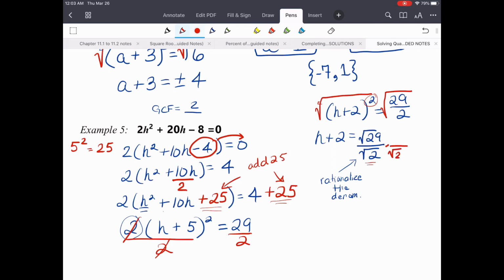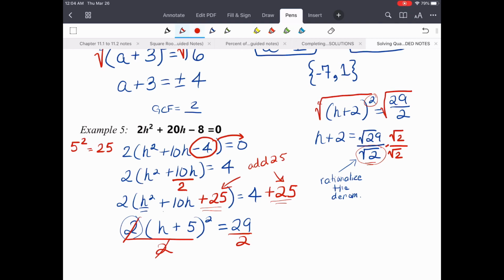So you're going to multiply the top and the bottom by the square root of 2. When you rationalize the denominator, the objective is to get rid of the radical in the denominator. Because in algebra, we don't like there to be irrational numbers, especially in the denominator. So that gets rid of it.